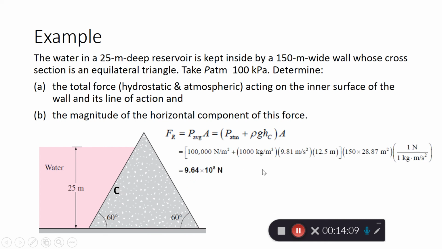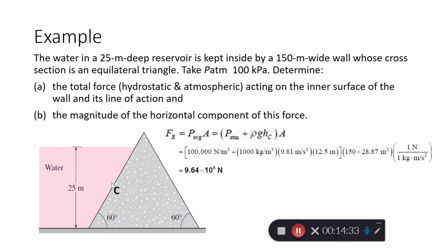So putting in the values, we have PATM as 100,000 Pascal or newtons per meter squared, and then rho is 1000. This is gravity. HC, as I said, the centroid is here, therefore you can just divide 25 by 2, which will be 12.5. So why are we not taking the YC here?